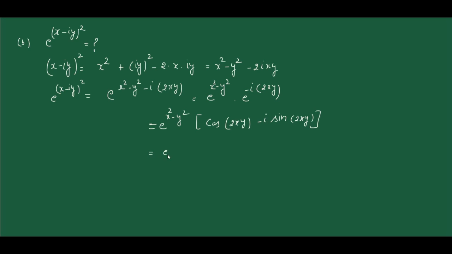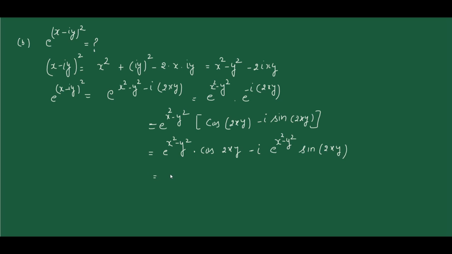Now you can open this as e raised to power (x square minus y square) times cos 2xy minus iota e raised to power (x square minus y square) sine 2xy.